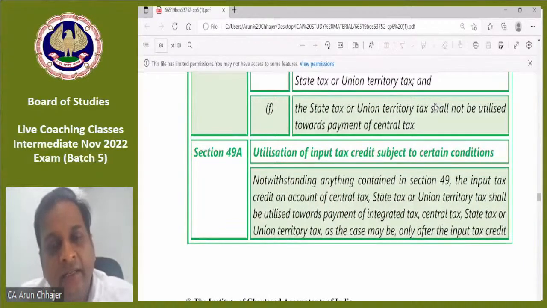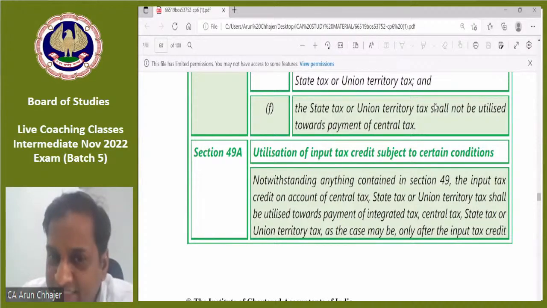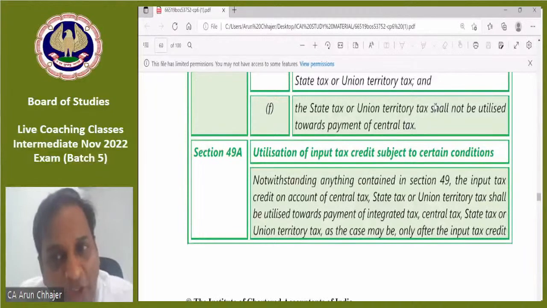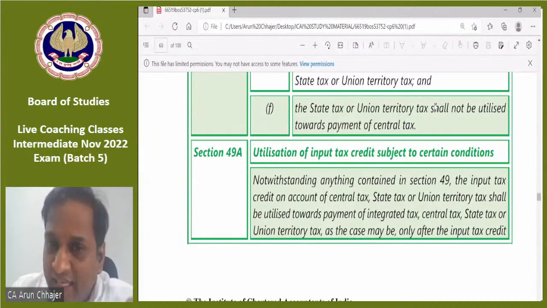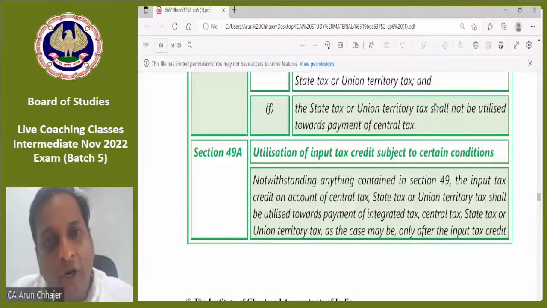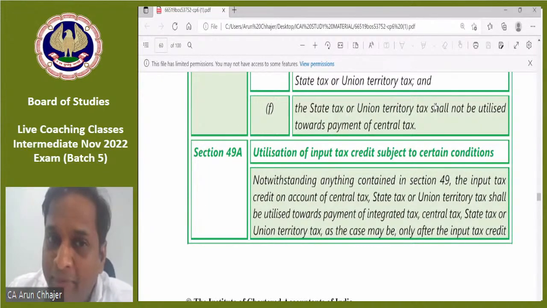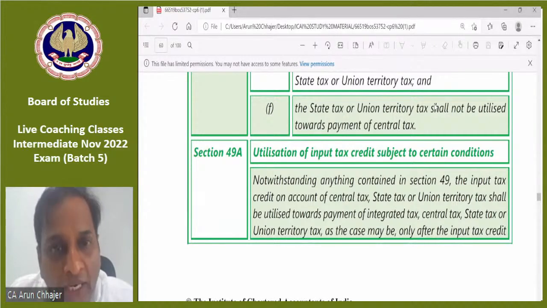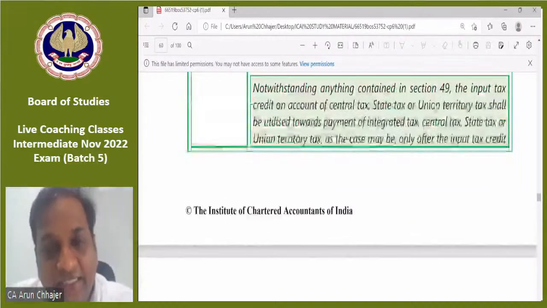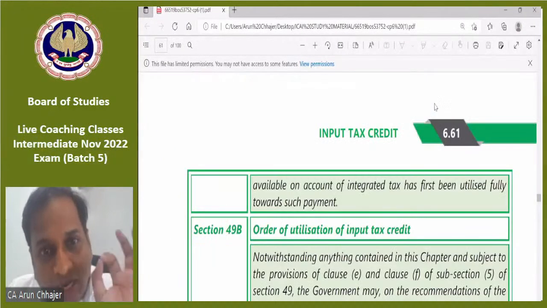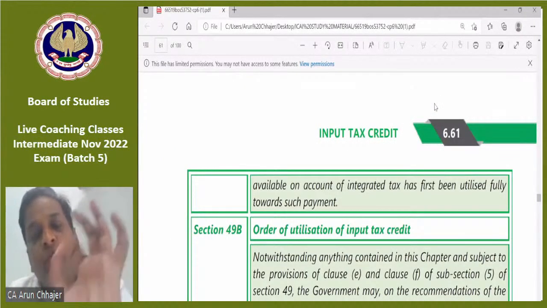Notwithstanding anything contained in section 49, the ITC on account of the CGST, SGST or UTGST shall be utilized toward the payment of I, C, S or U as the case may be only after ITC available on IGST has been first utilized towards such payment.